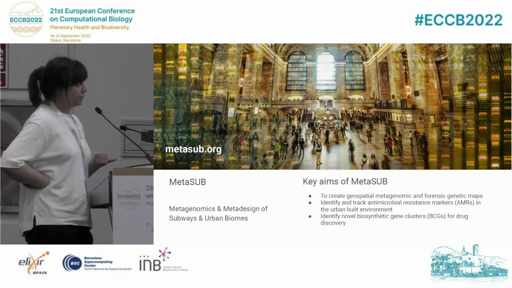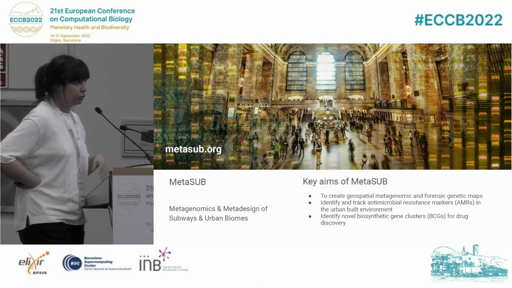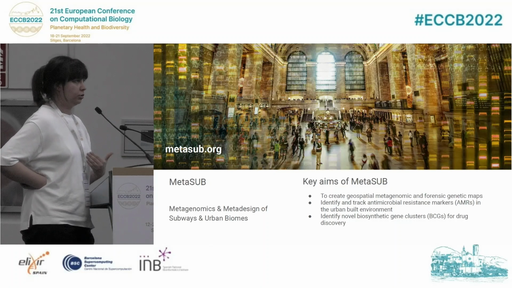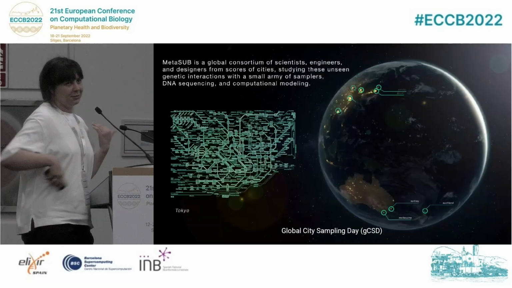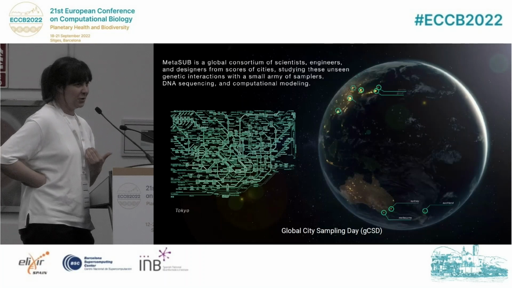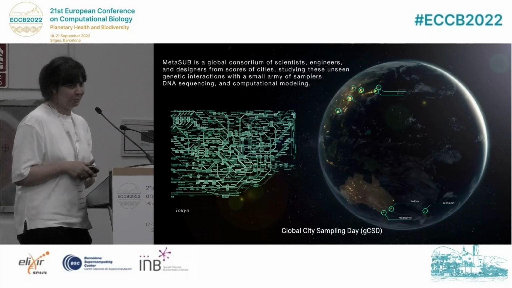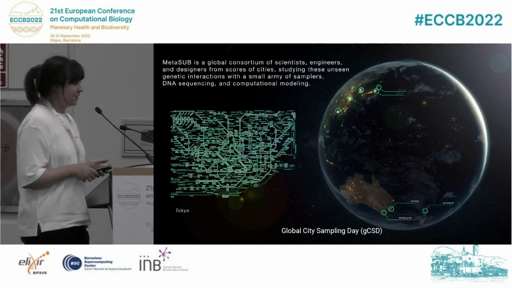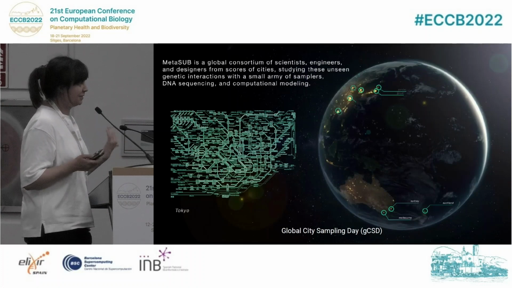So Chris didn't stop, and he created the MetaSUB consortium to put this research on a global level, and every year, on June 21st, we have Global City Sampling Day, where all MetaSUBbers all over the world start to swab different surfaces in subways or other public mass transit systems.